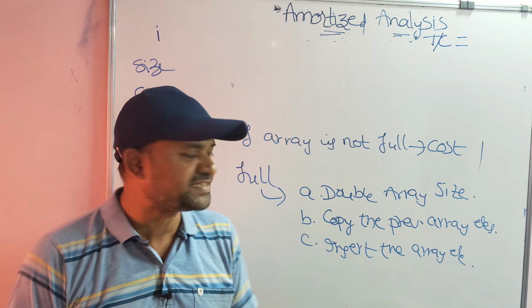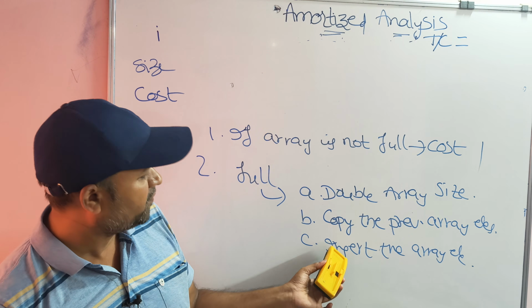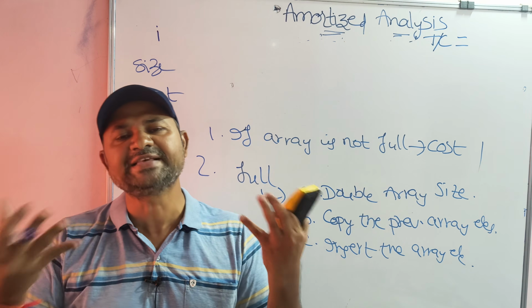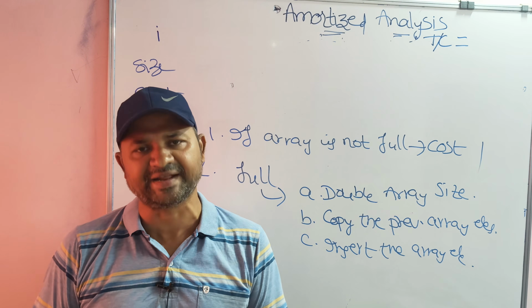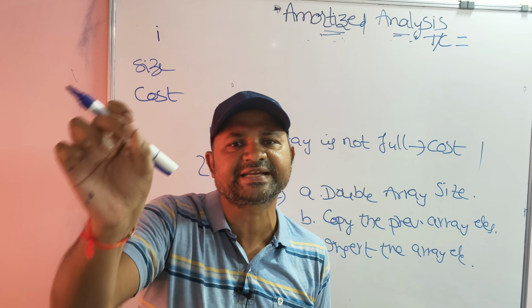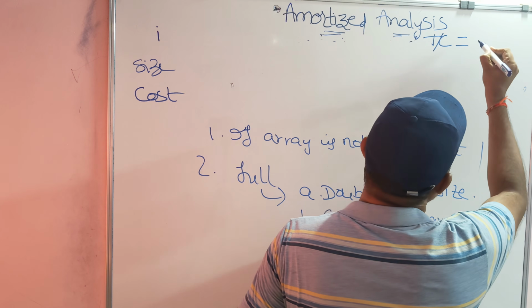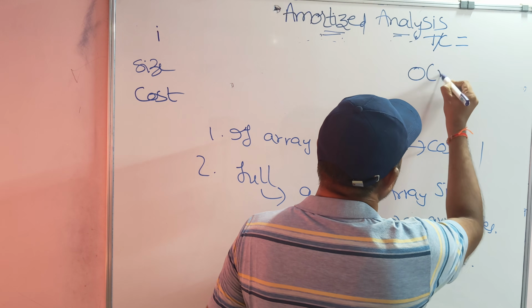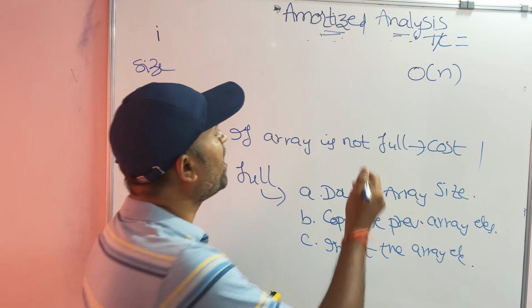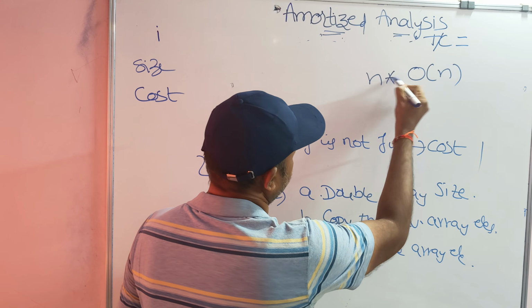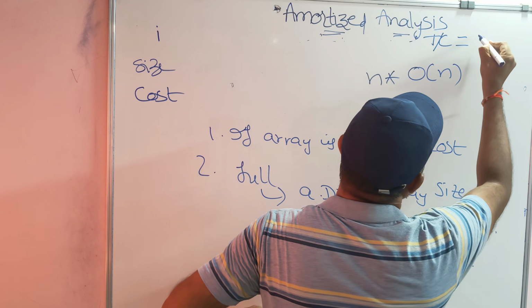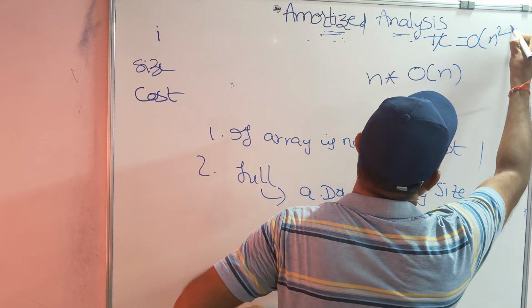First let us calculate for the insertion operation what is the time complexity of the dynamic array. In order to insert an element, the time complexity is order of n. If we want to insert n elements, then the time complexity is n into order of n, meaning order of n square.